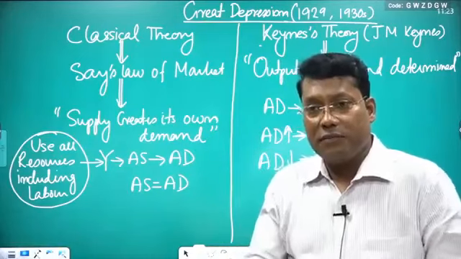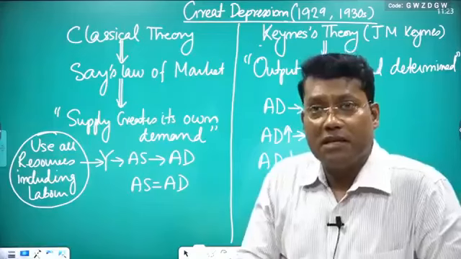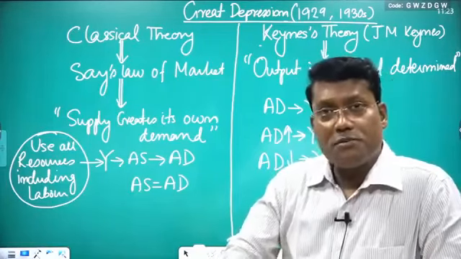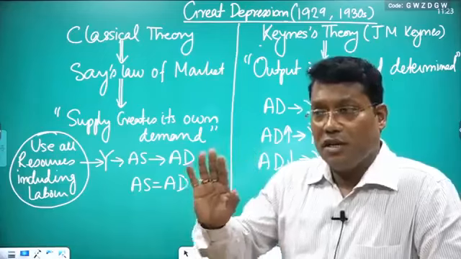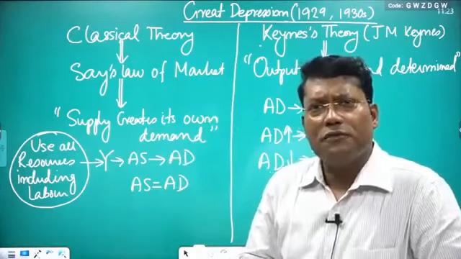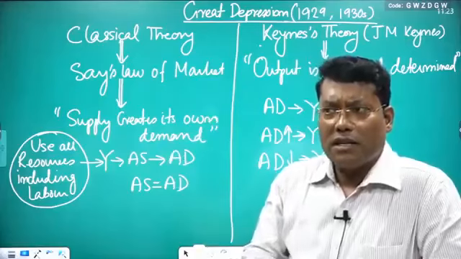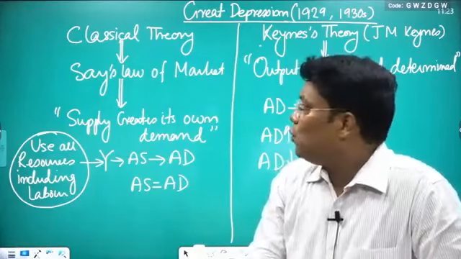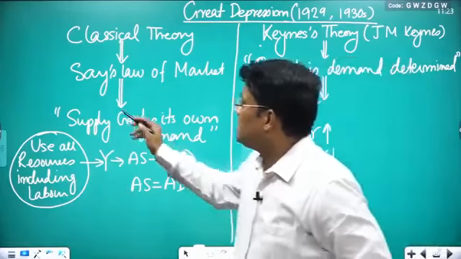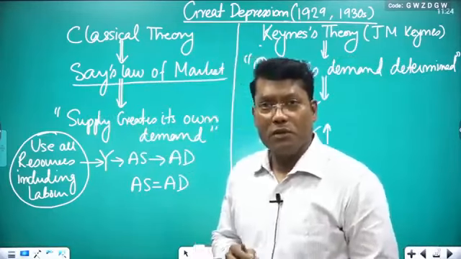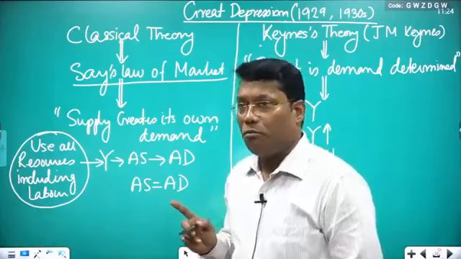So initially, when you take Adam Smith and all the classical economists, their perception was classical theory, and most of the countries followed that. Classical theory is based on one law, which is known as Say's law of market.